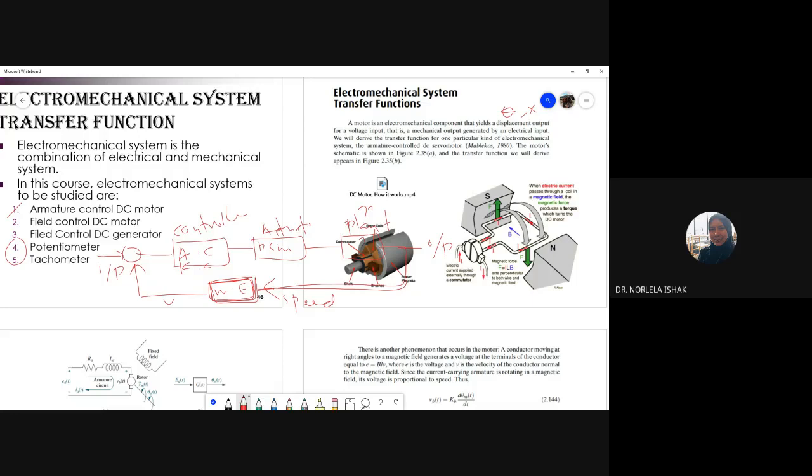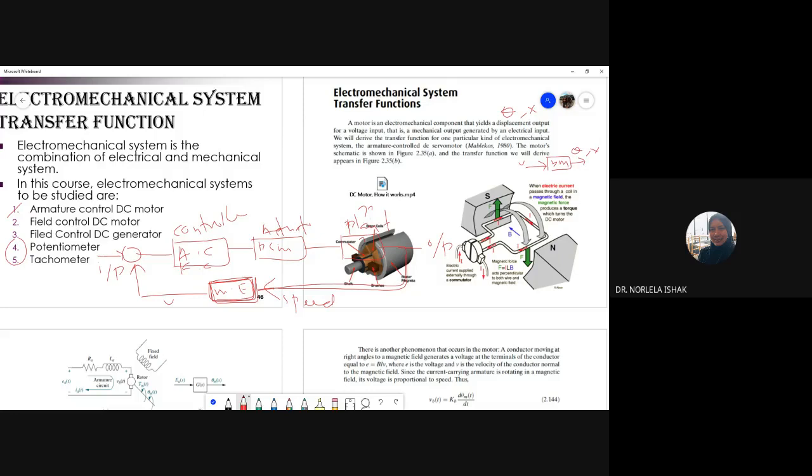This is the output from a motor, an electromechanical component that yields a displacement output for a voltage input. So meaning for a motor, input is a voltage and the output is the displacement. That is a mechanical output generated by an electrical input.